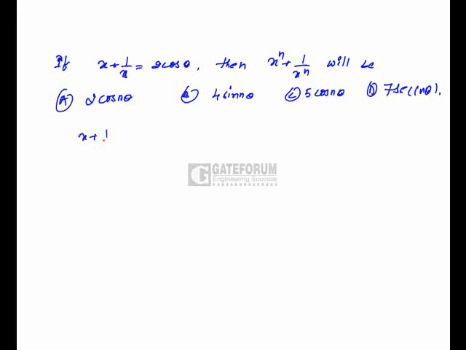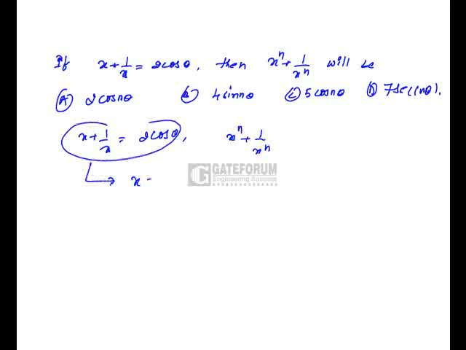It is given that x plus 1 by x is 2 cos theta, and we have to find the value of x power n plus 1 by x power n. If x plus 1 by x is 2 cos theta, then x will be cos theta plus i sin theta, and 1 by x will be its conjugate, which is cos theta minus i sin theta. Now let us calculate x power n. X power n is nothing but cos theta plus i sin theta whole power n.